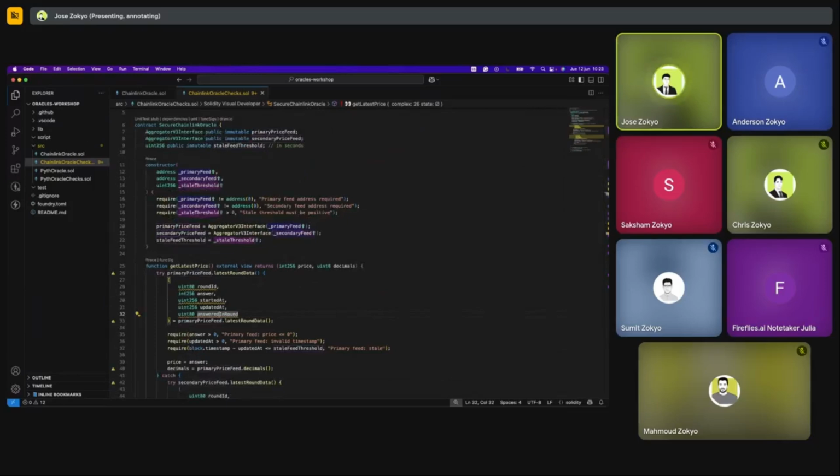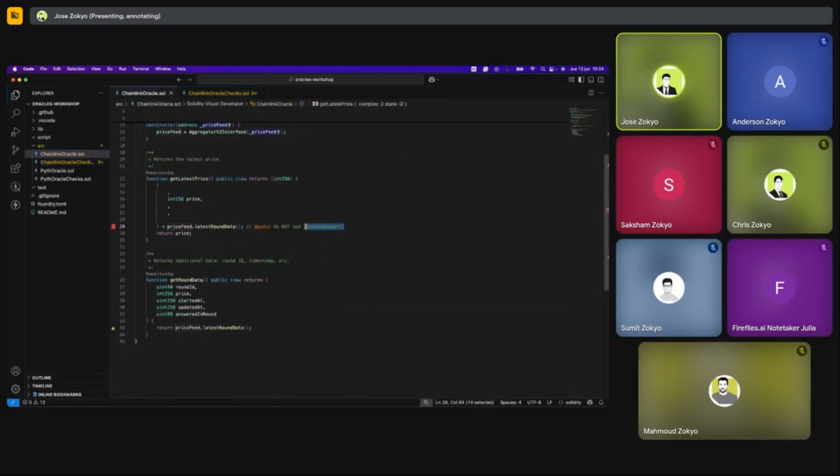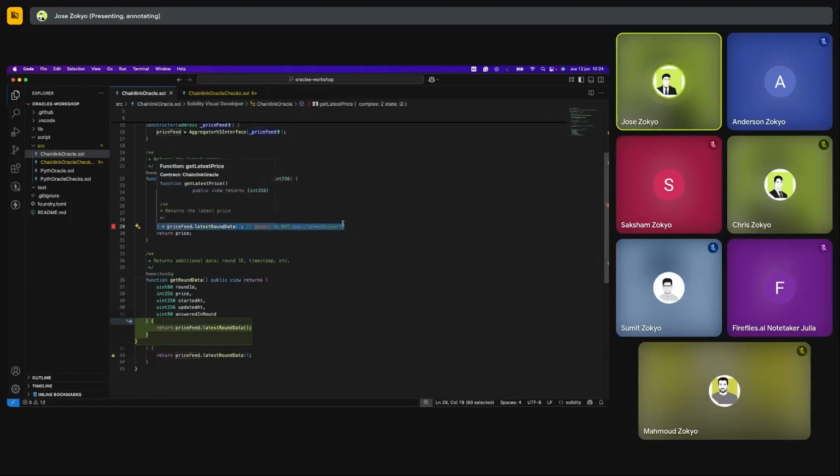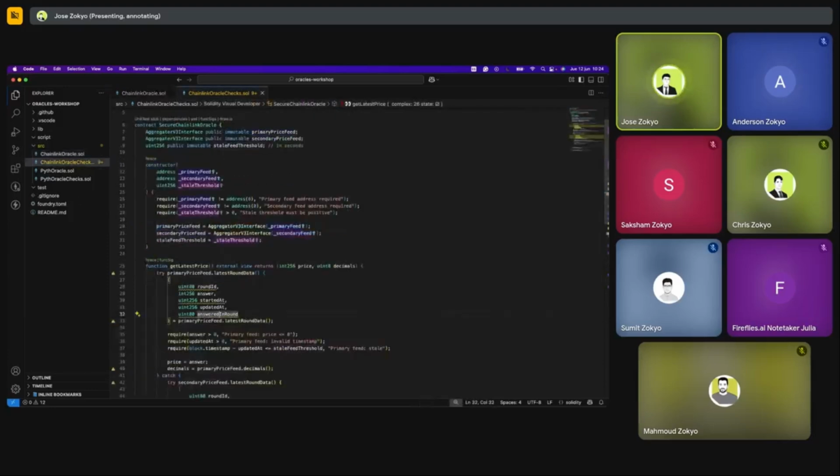So the checklist contains 11 checks that are going to be mentioned right now, so you take them into consideration when you audit or implement Chainlink. So the first one is, as I mentioned, do not use latestAnswer. Here there's a typo. But in this case, always use latestRoundData. This is a must. This is something that should be checked every time, and it's the most important point, using latestRoundData.